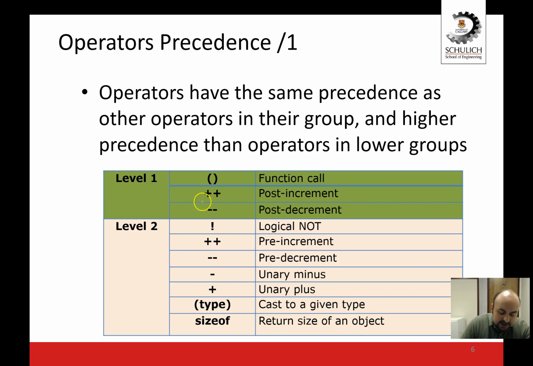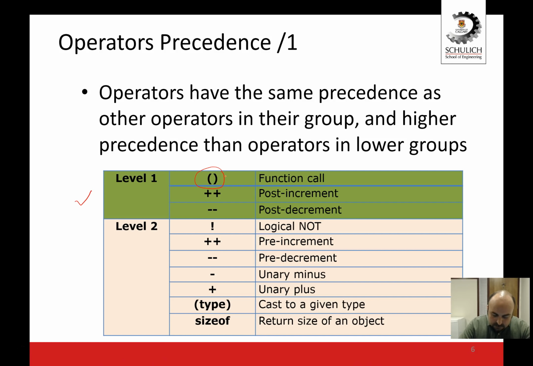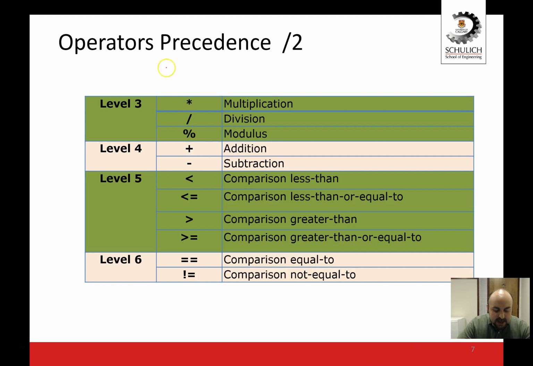First of all, the postfix plus plus and minus minus have the first precedence. Then the pre-increment has the precedence afterwards. So this is the highest precedence, and you can see the parentheses go on the very top. So let's go to the next slide.